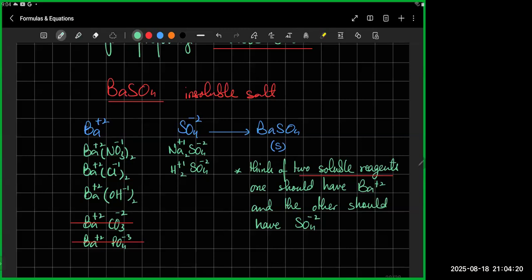Remember, all sulfates are soluble except for four or five sulfates, so most of them are soluble. It could be magnesium sulfate. Any sulfate that's soluble. But it can't be silver sulfate because that was an exception. According to the solubility table, all sulfates are soluble except for silver, lead, barium, and strontium, and partially calcium. So silver, don't use that.